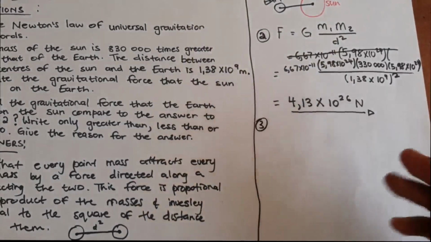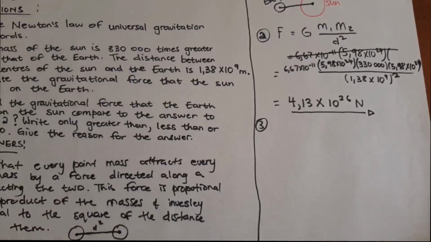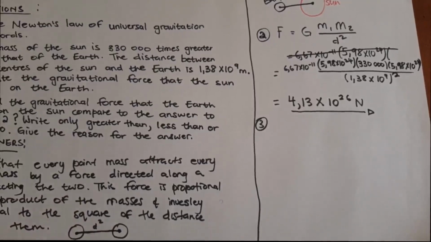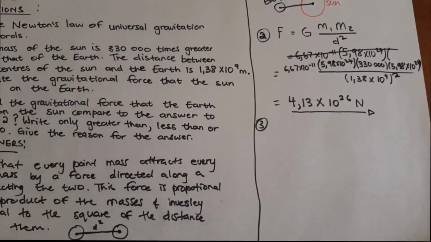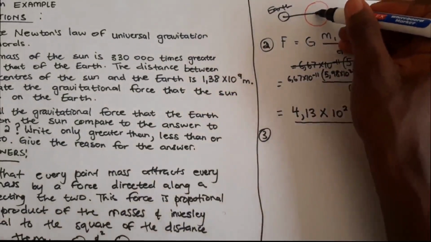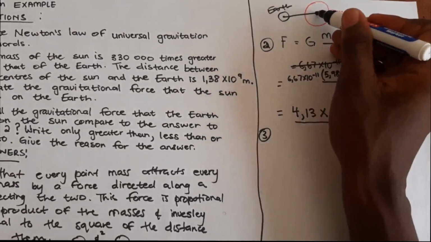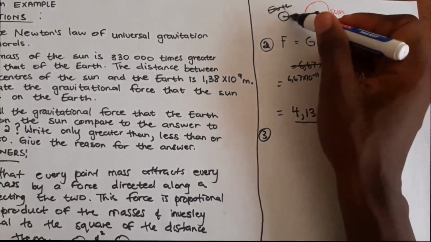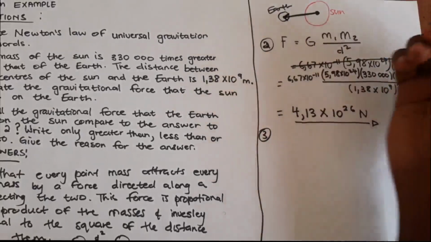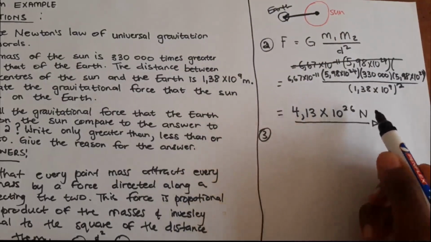So number 3: how will the gravitational force that the earth exerts on the sun compare to the answer in question 2? Mind you that in the very first instance, there was a certain amount of force being exerted by the sun on the earth, 4.13 multiplied by 10 to the power of 26 newtons.